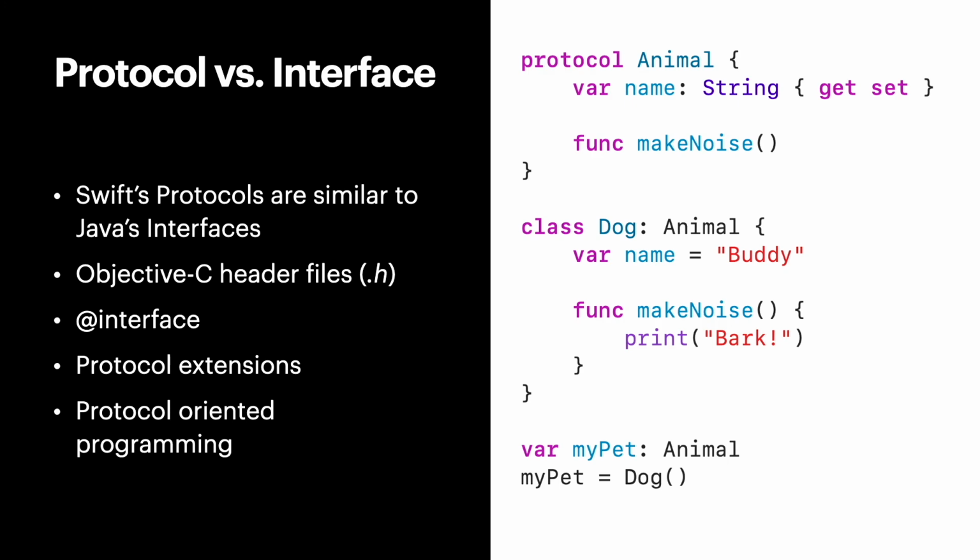And because Swift developers are on our high pedestal, we say that, well, our protocols are extendable and interfaces aren't. So we need our own name for that so that people don't confuse the two, because we don't want to be associated with the lowly interfaces. But aside from that, it just sounds better to say that you're doing protocol-oriented programming because it makes you sound like a cool tech wizard.